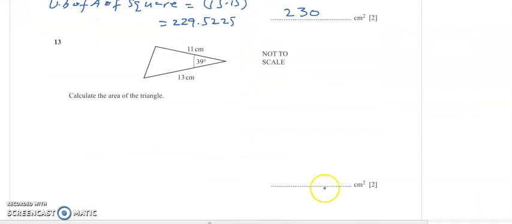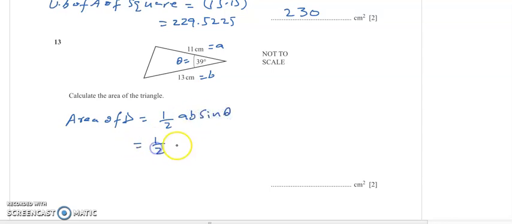Next is question number 13. A triangle is given and we have to find the area of the triangle. There are many formulae for the area of a triangle. The one we will use here is, if I say this is side A and this is side B and this is angle theta, then the area of the triangle will be 1/2 AB sine of the angle between them.